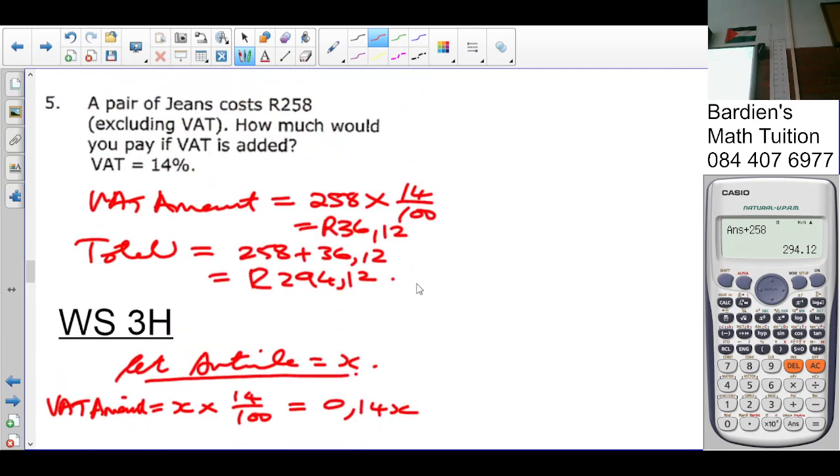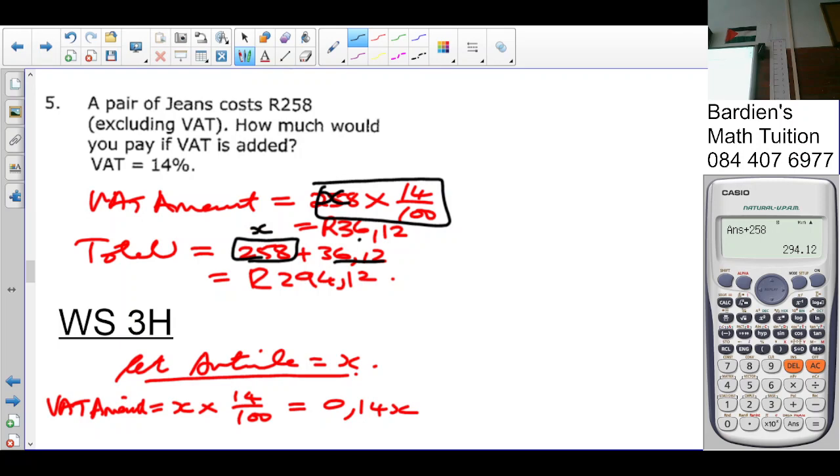Just take note of what we're doing here. If the original amount was x, we multiplied it by 14 over 100. Then we took this answer and we added it again to the original amount, which is X. Can you see that? Yes, sir.